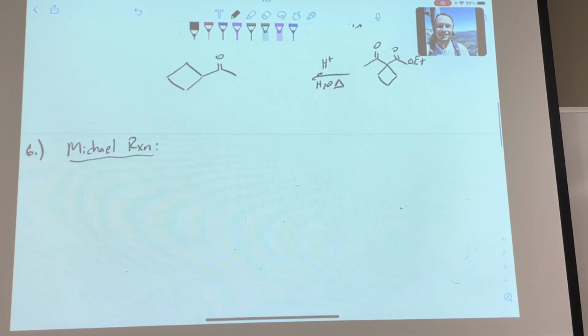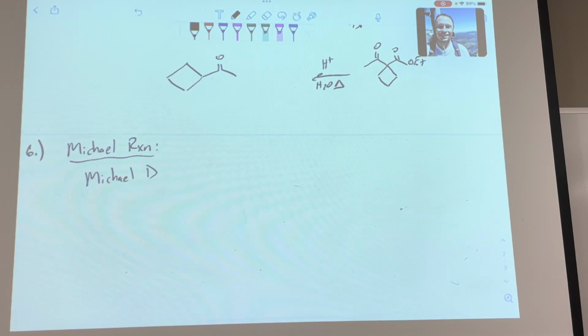So the Michael reaction from a functional group perspective combines two things. It's going to use what is called a Michael donor, and it combines that with a Michael acceptor. And what you end up getting from this addition reaction is a 1,5-dicarbonyl compound.